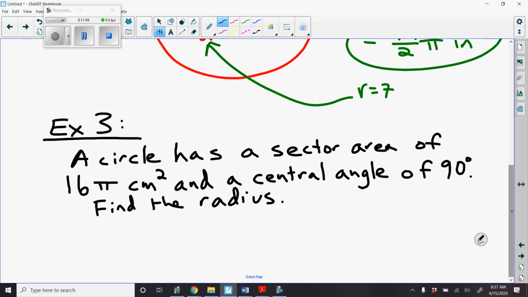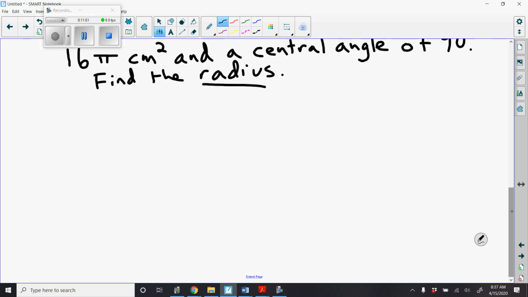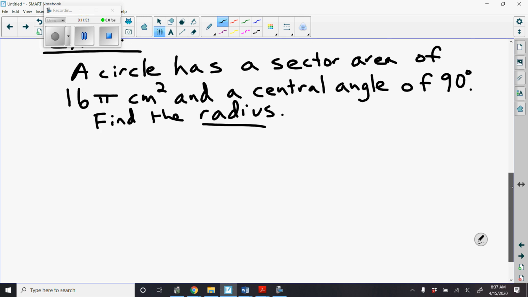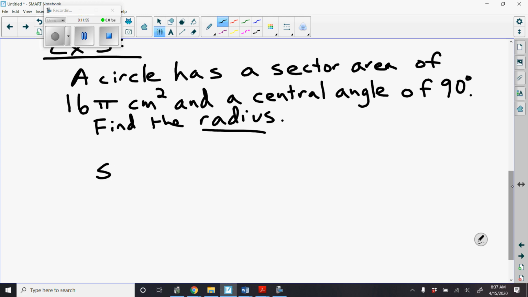My radius is unknown. So again, when you just think about the equation here, I know sector area equals theta over 360 times pi r squared. I should be able to plug in for everything except for r.